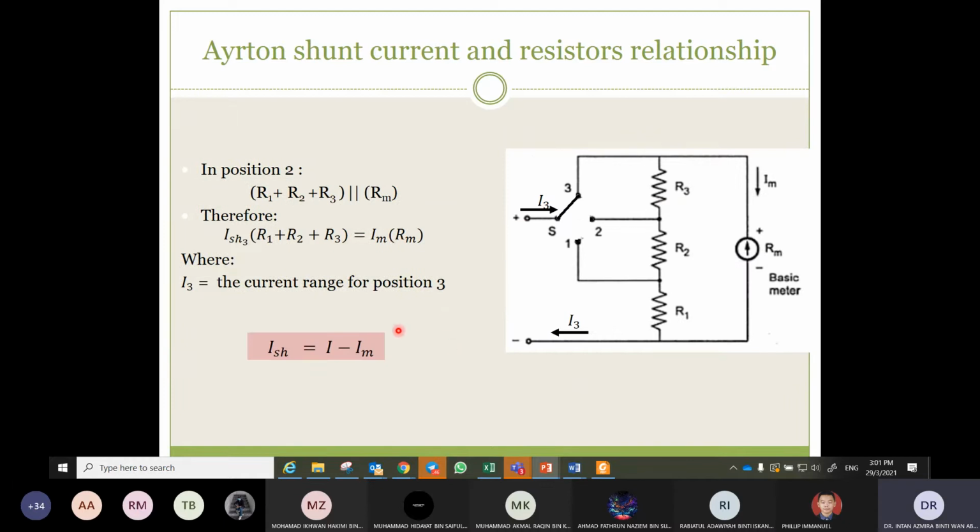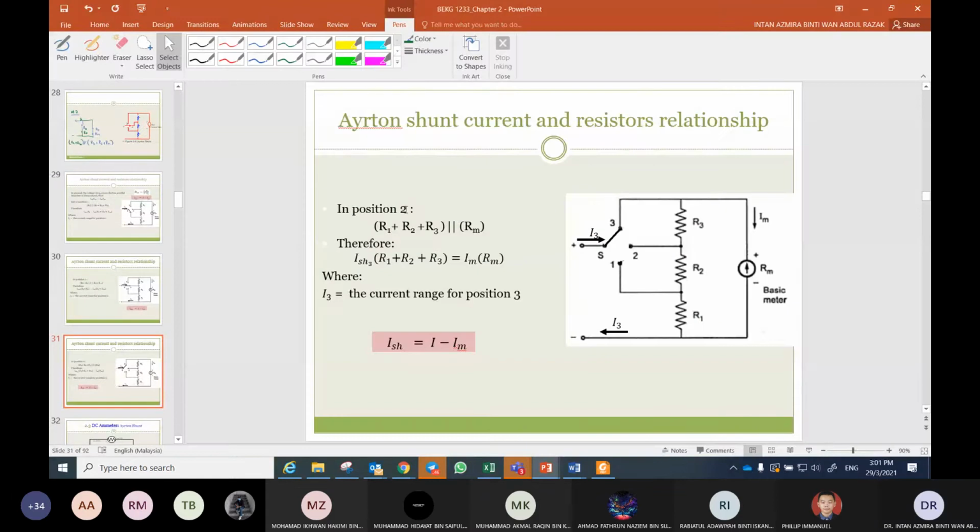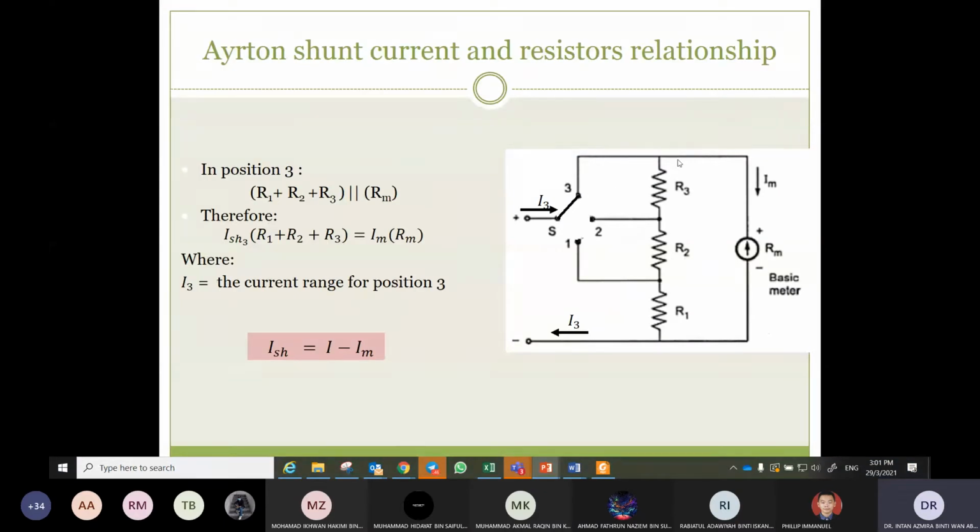This is for position 3. When the switch is tapped at position 3, R1 plus R2 plus R3 is parallel to Rm. So V here is the same as V here. V here is I shunt 3 in the bracket R1 plus R2 plus R3, equal to Im Rm, and I shunt 3 is equal to I3 minus Im.